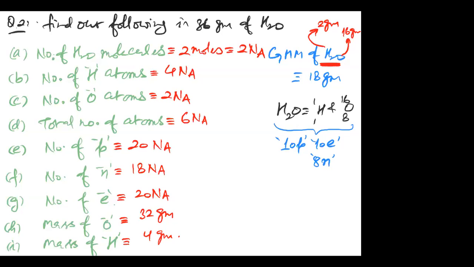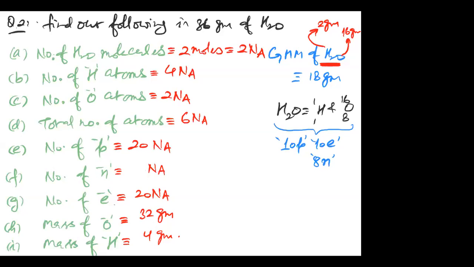So the basic difference between the number of protons and the number of neutrons is hydrogen atoms. A hydrogen atom consists of 1 proton and 1 electron, but it does not consist of any neutron. So neutrons are contributed only by oxygen, and that's why we made a mistake here.